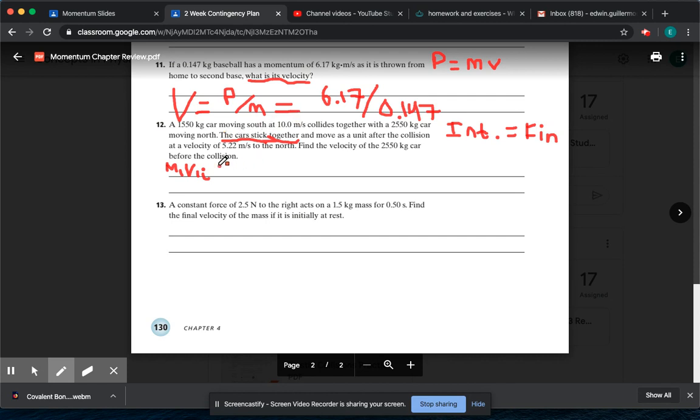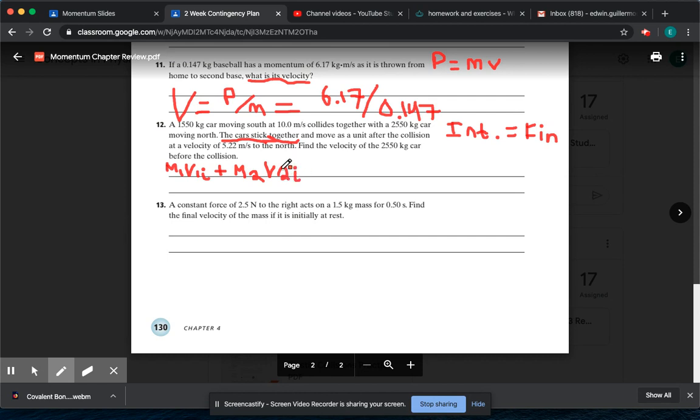Okay. And then we got to add to it the momentum of the second car. So this would be M2 V2I.